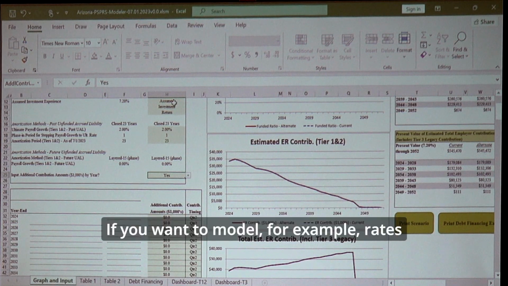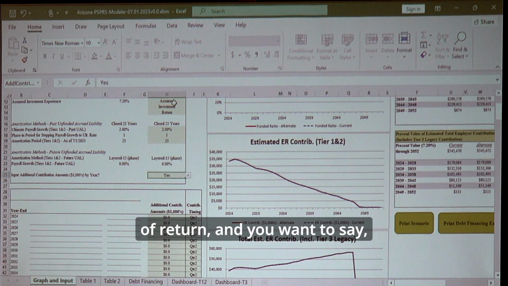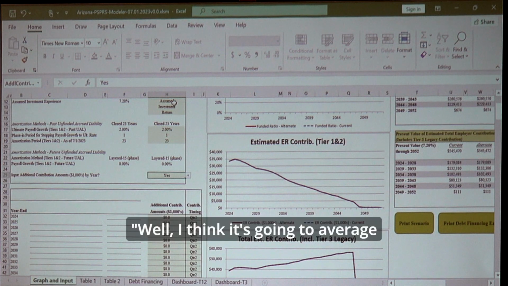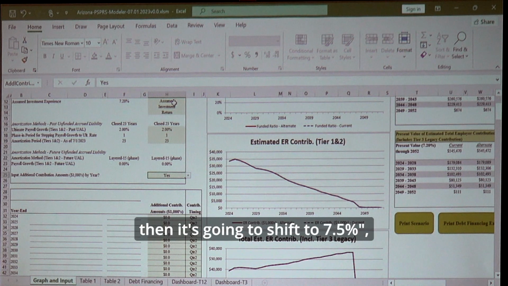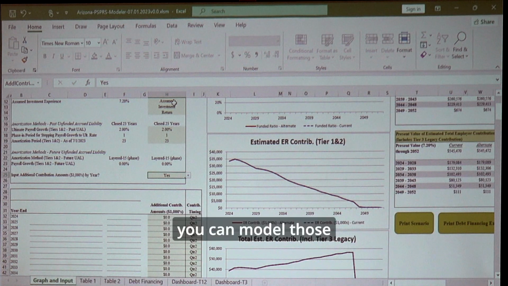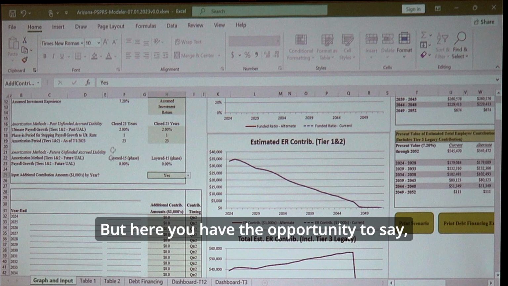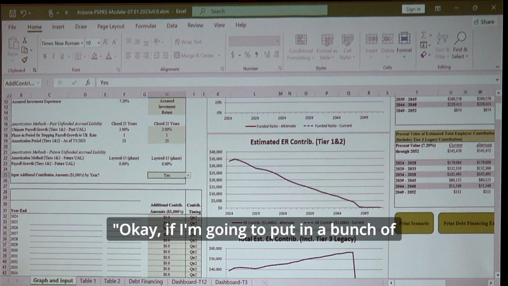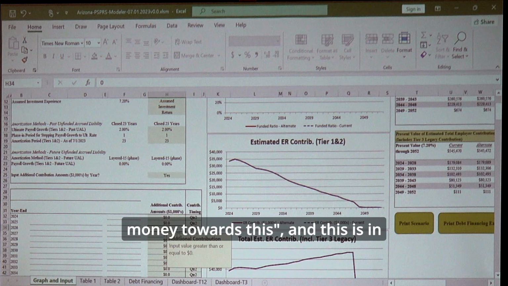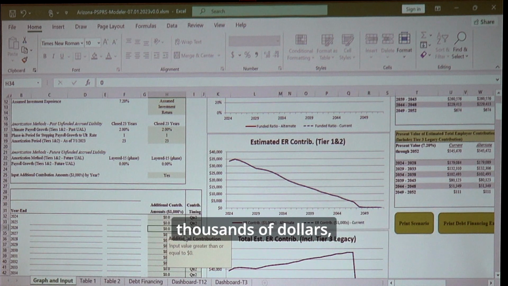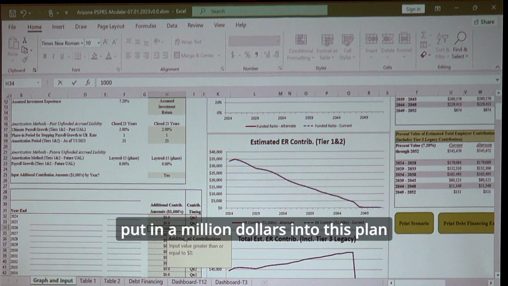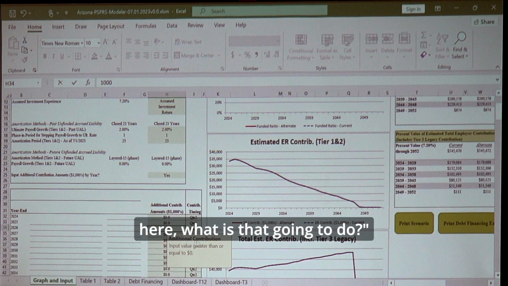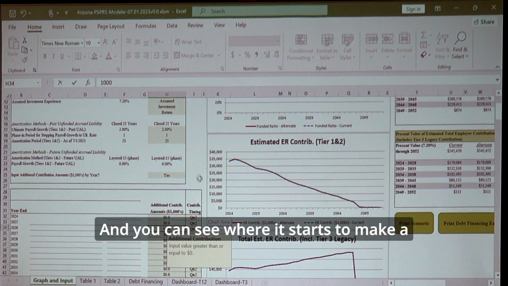If you want to model, for example, rates of return, and you want to say, well, I think it's going to average about 6.5% for the next 5 years, and then it's going to shift and go up to 7.5%, you can model those types of things over time. But here you have the opportunity to say, okay, if I'm going to put in a bunch of money towards this, and this is in thousands of dollars, so if I go in and say I'm going to put in $1 million into this plan, what is that going to do?